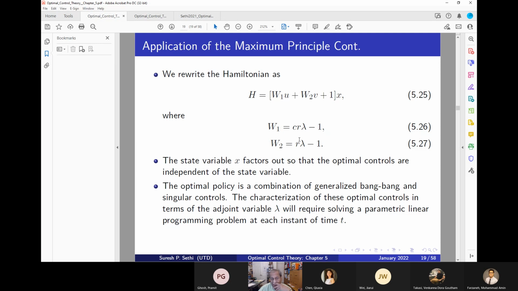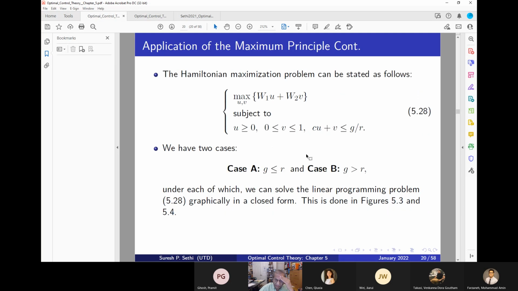The optimal policy is a kind of bang-bang, but bang-bang in two variables is, as I mentioned at one time in chapter 3, almost like a linear programming problem. So let's look at that.